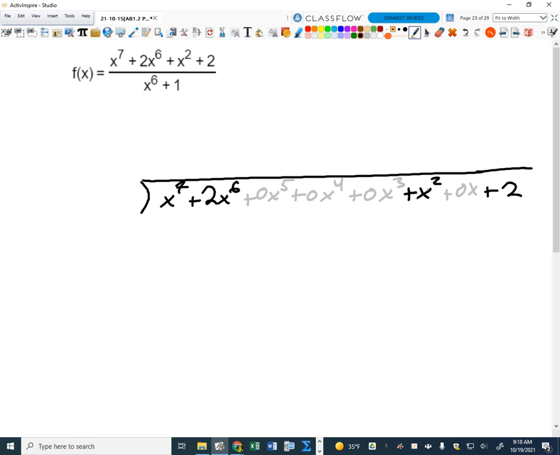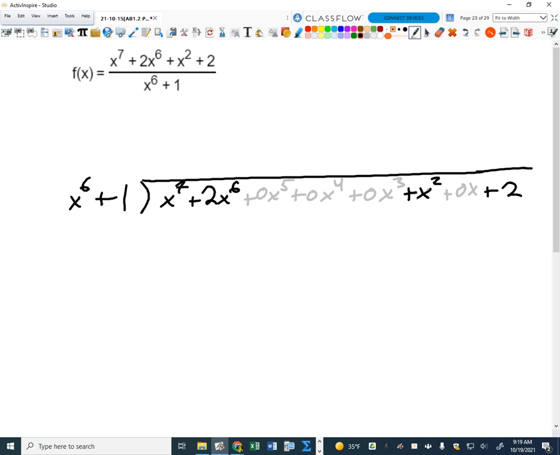Okay, now what goes out front? Yeah, good. Just the x to the 6th plus 1. I do not need to write all the columns out front. That's not important. Remember the process here is we're asking the question, how many times does the leading term outside divide into the leading term inside?